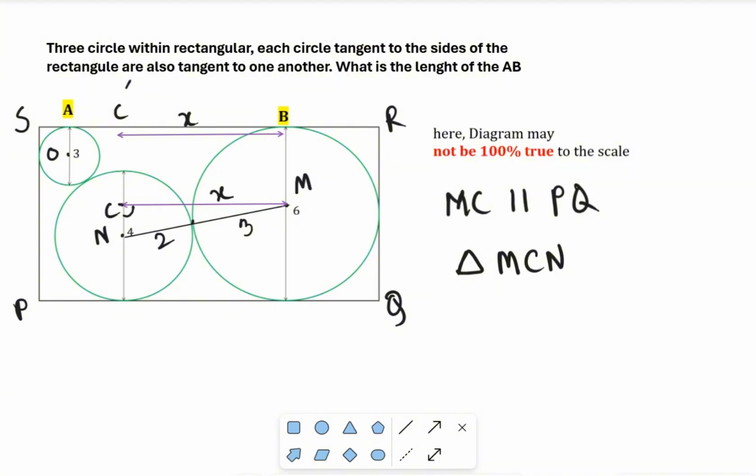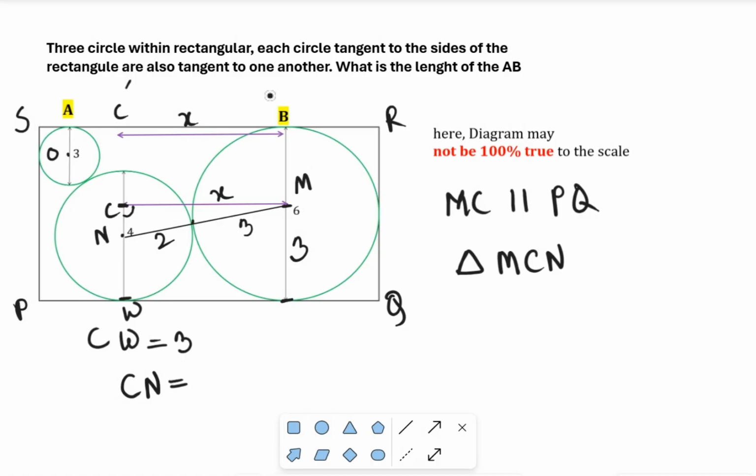So from C to this length, or from M to this point, same length, right? And this is the radius of the larger circle, which is actually 3 units. Let's consider this point W. So CW is equal to 3 units. Our target is to determine CN.